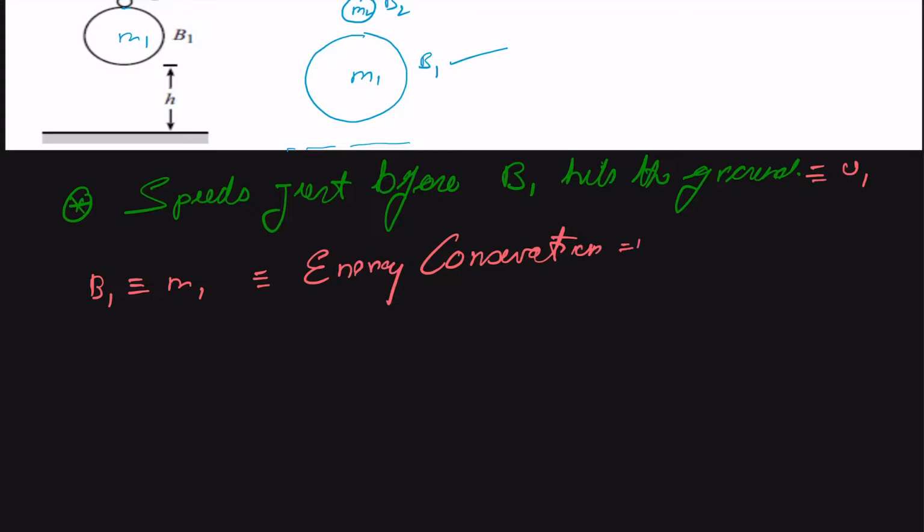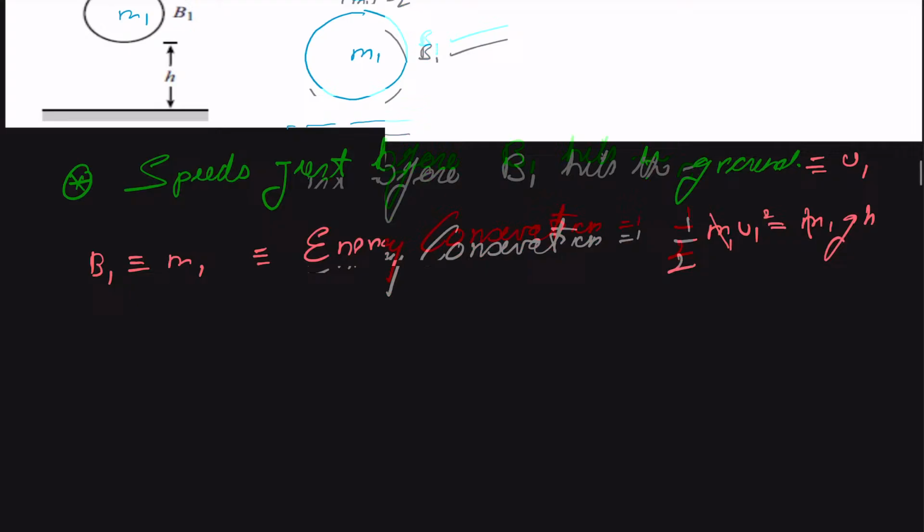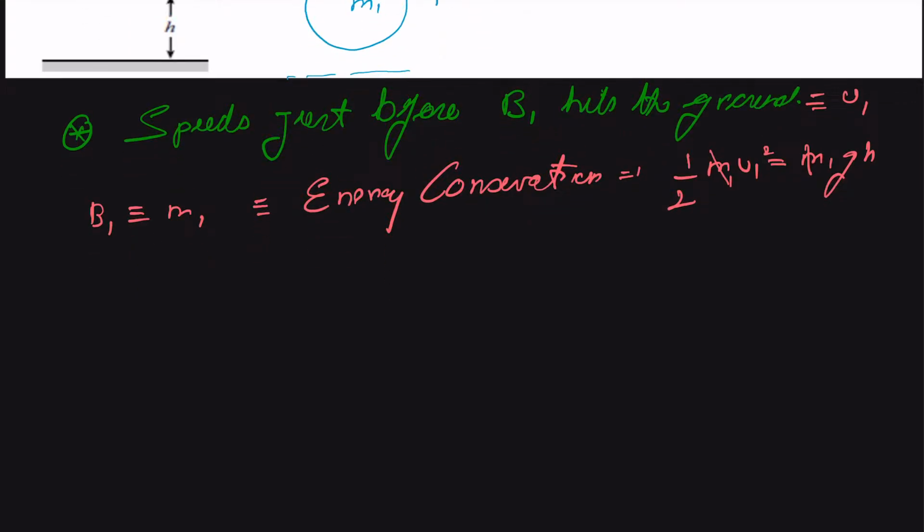Therefore, we can write that kinetic energy, half m1 v1 squared, is equal to its potential energy, that is m1 gh. So these two m1 terms cancel out. Therefore, we get that just before it hits the ground, its velocity v1 comes as the square root of 2gh.